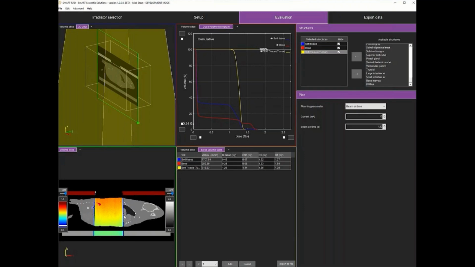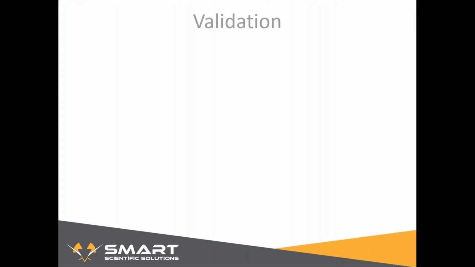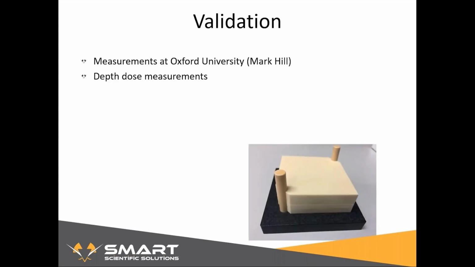That sort of shows what SmartRAD is capable of, but it's nice that it can do all that, and it's also important that it is accurate. For this, we collaborated with Mark Hill's team from Oxford University. They did a series of measurements. One of them is depth dose measurements at different spectra.